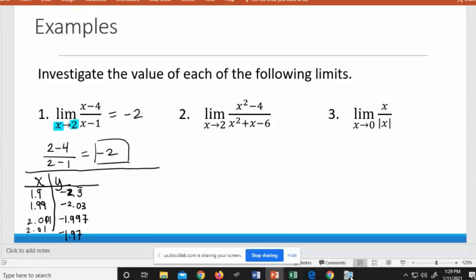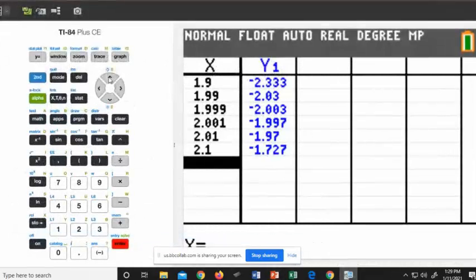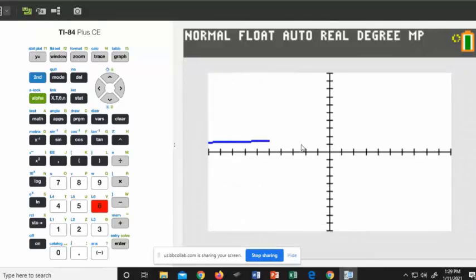Okay. Well, one other thing, let's look at our graph, because we just entered this into our calculator. I'm going to go back to my graph. I'm going to type Zoom 6, the standard viewing window, and I knew it was a rational function. I knew it should have asymptotes, which it does, a horizontal and a vertical asymptote. But what I was concerned about is what is happening near x equals 2.